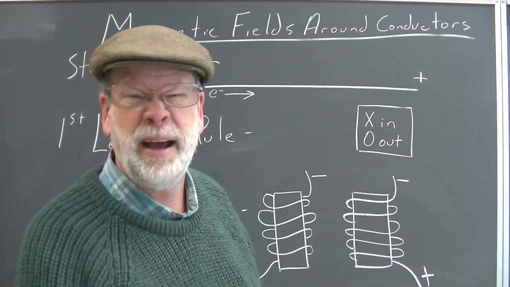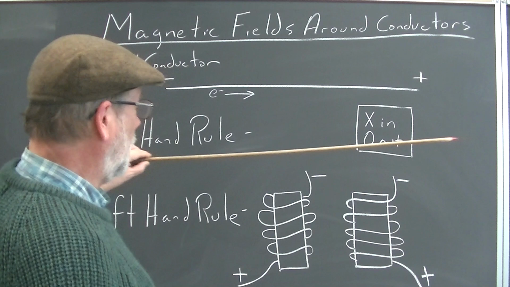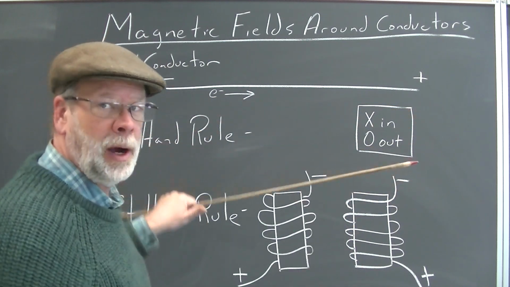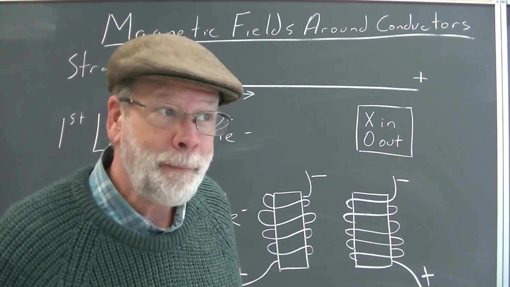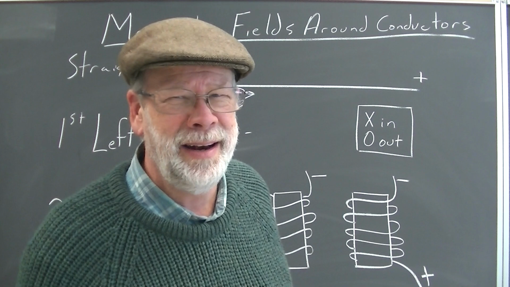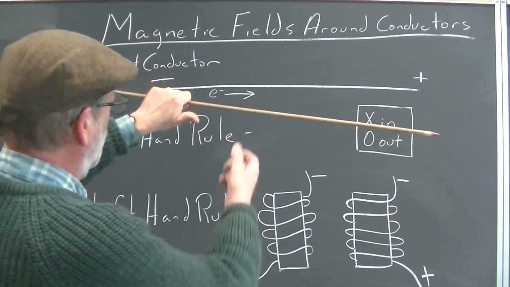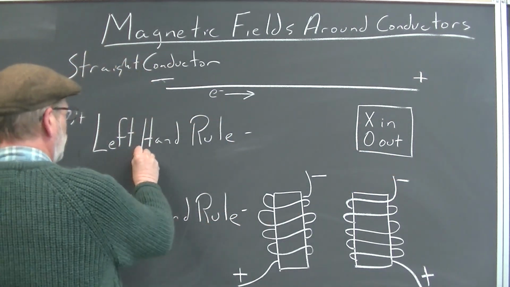But in this theoretical experiment, if this is playing the part of the conductor, and I grasp it with my left hand, now the fingers are pointing in the direction of the magnetic field. Well, how do we define the magnetic field again? Well, the way a compass would point. So if my fingers are grasping it, the key is left-hand rule.